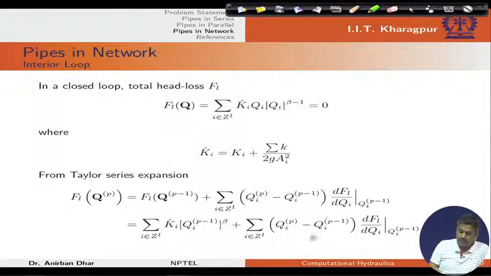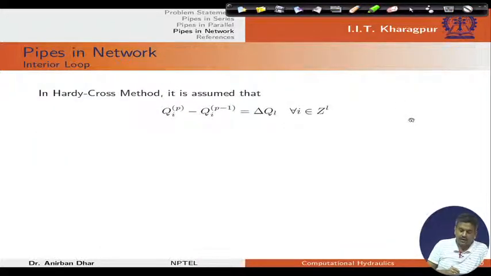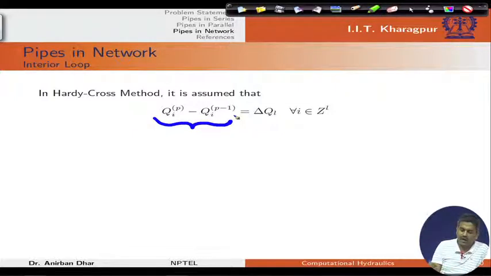Now, let us consider this approximation. In the Hardy-Cross method, for all pipes, for all i within this ZL, where ZL is the set of pipes in a particular loop L, for all pipes we have this del QL. So, this increment is the same for all.